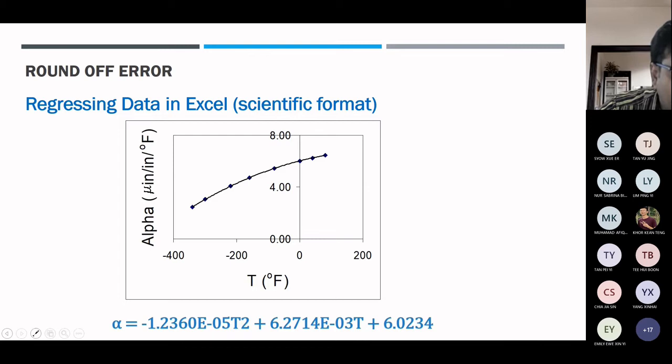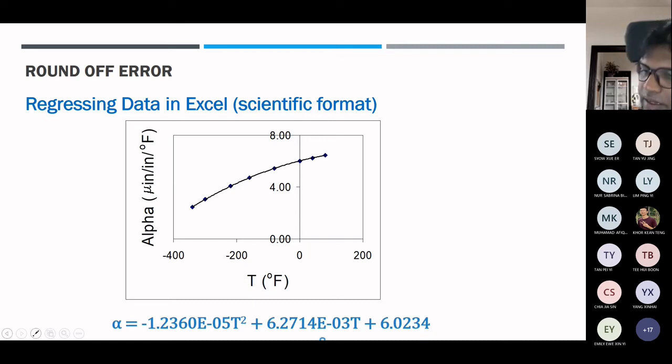This is supposed to be t square, guys. So minus 1.2360. Just now we saw only minus 1.10 power of minus 5, but now we add some significant digits, like 4 decimal numbers.